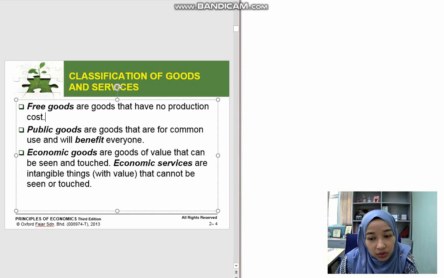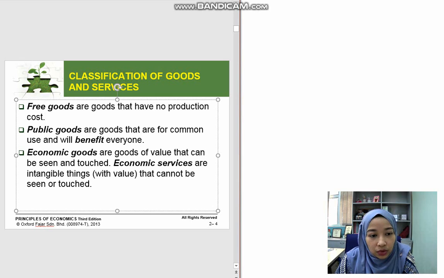So these free goods are goods you can get for free. For example, water or sunlight, the oxygen, those are considered free goods. Meaning you don't have to pay anything to obtain that kind of goods. Public goods are goods that are for common use and will benefit everyone.